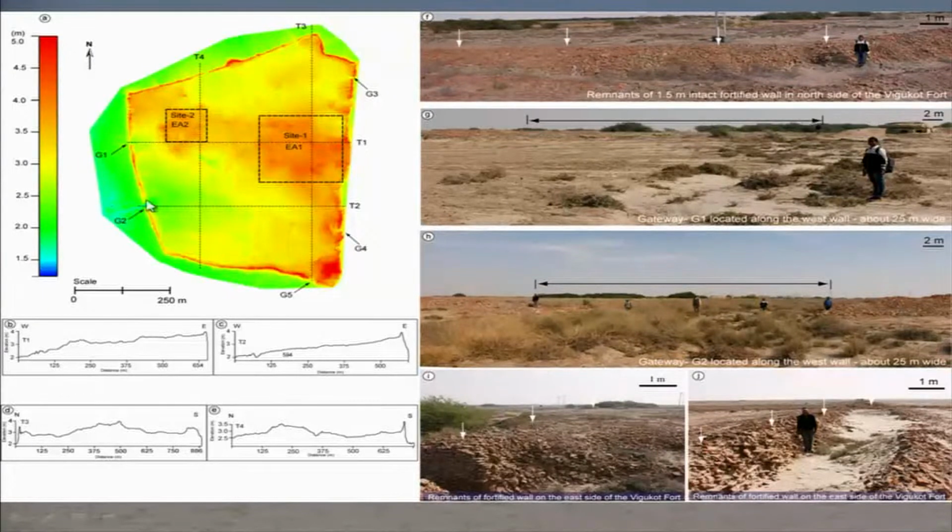These were the 2 major gates, G1 and G2, on the west side of the town, and of course this was closer to the Nara channel, which existed on the west of Dholavira. The major settlement or the larger houses were in this area, and the smaller ones were here, along with the shops. So a very well planned city, as you see from the fortification.